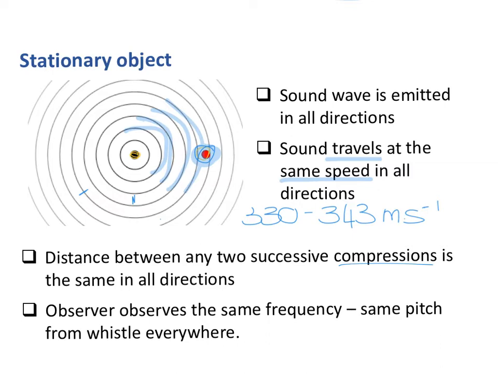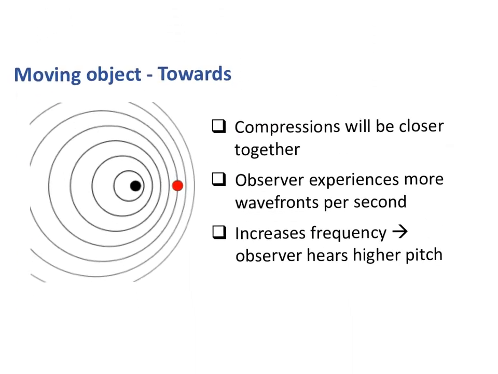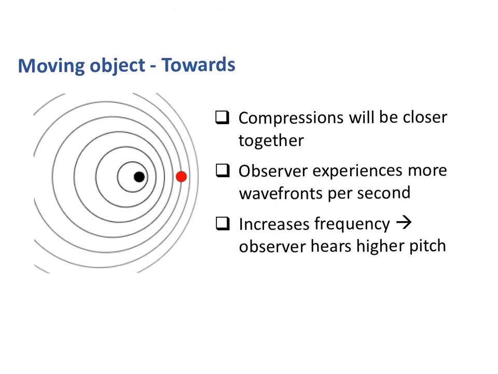Now what happens if the object is moving towards the source, or the source is moving towards the object, doesn't actually matter, is the source makes a wave, then travels a little forward and makes another wave.